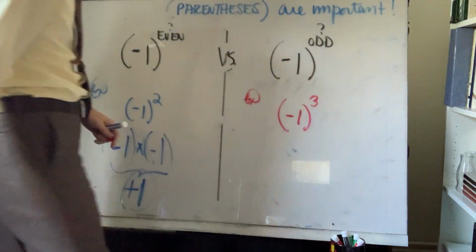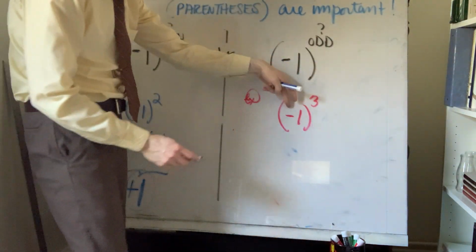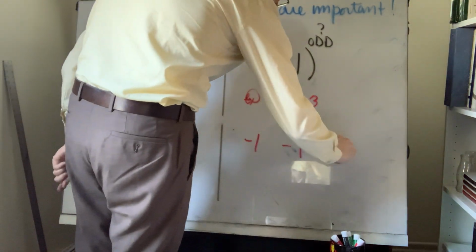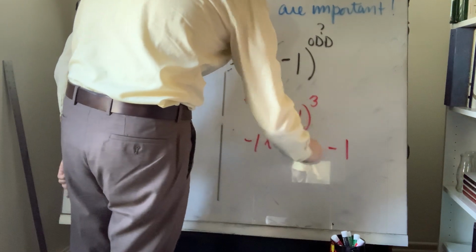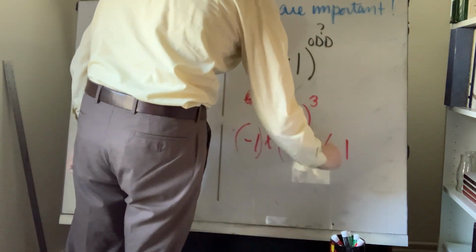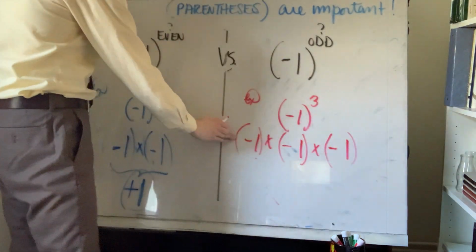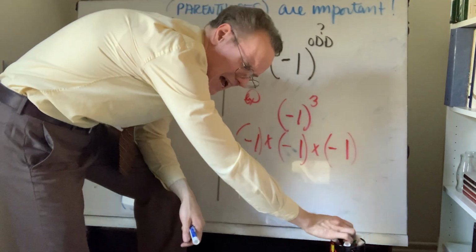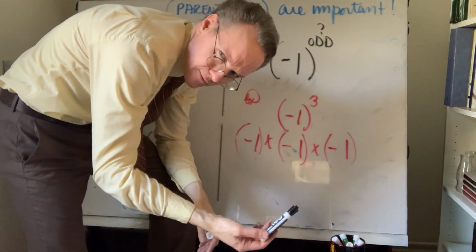-1 cubed here. This would say, write 3 iterations of that. Clone this: -1, -1, -1, times. And if it makes it more obvious that these are distinct factors, I'm going to encapsulate them each. Those extra parentheses are not really necessary except for the sake of clarity.